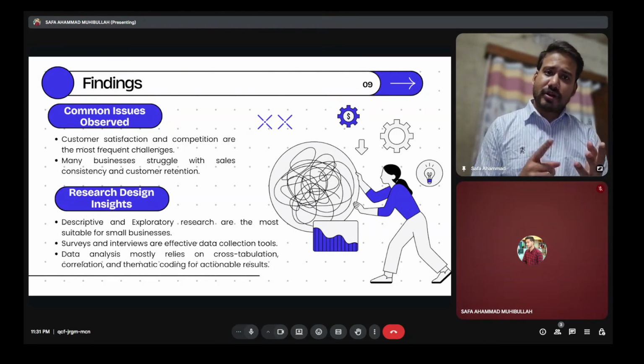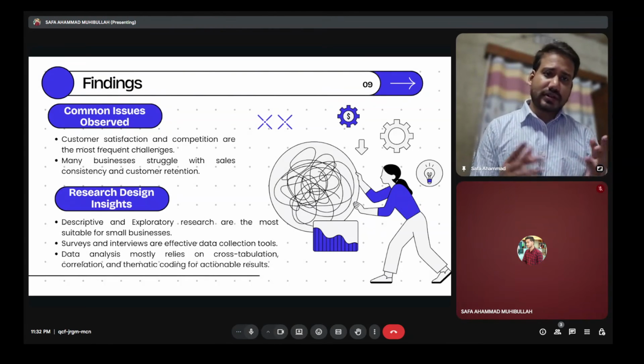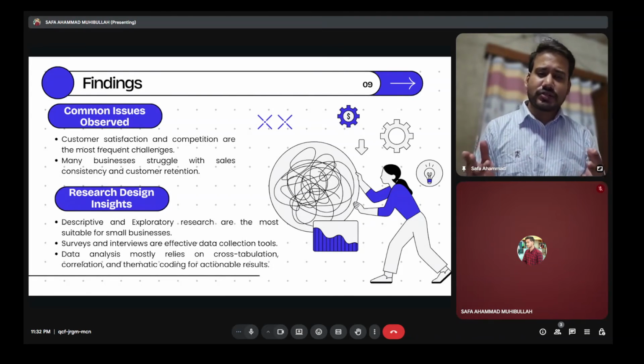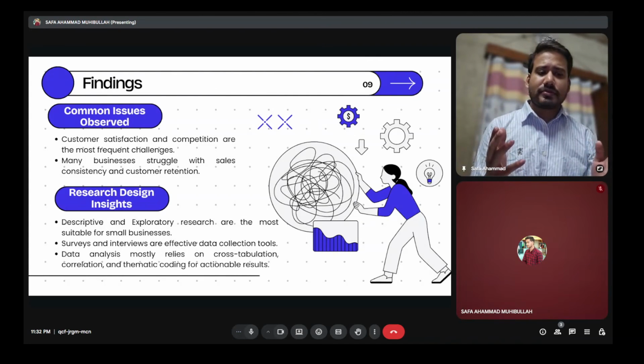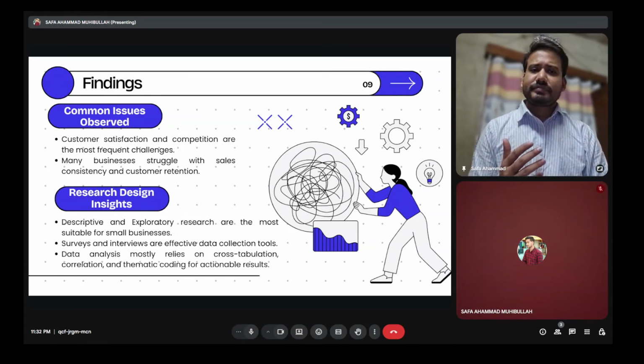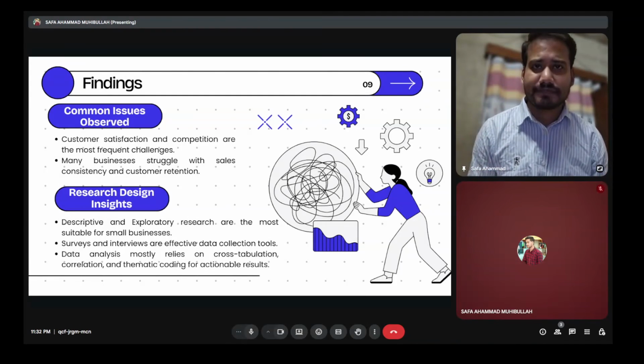Few also face problems with internal management like staffing or inventory, which is actually not my thing because I'm doing research and marketing. Many businesses also struggle with consistency and customer retention.